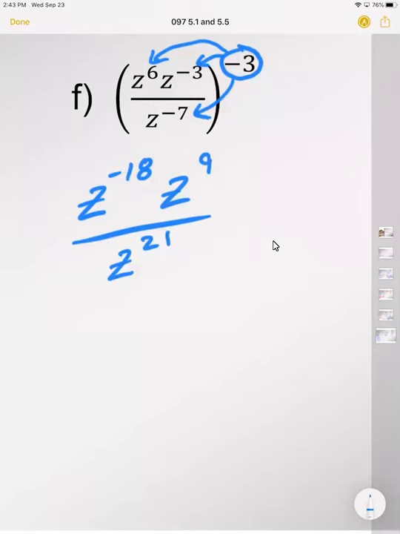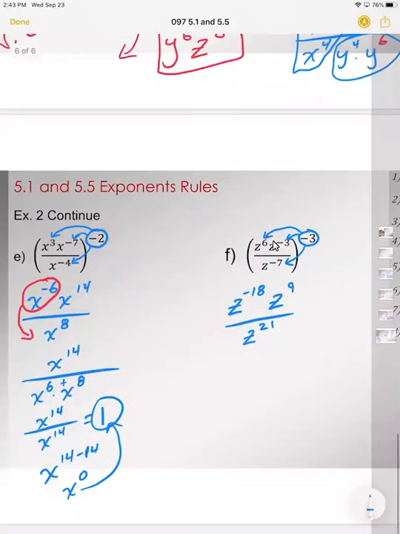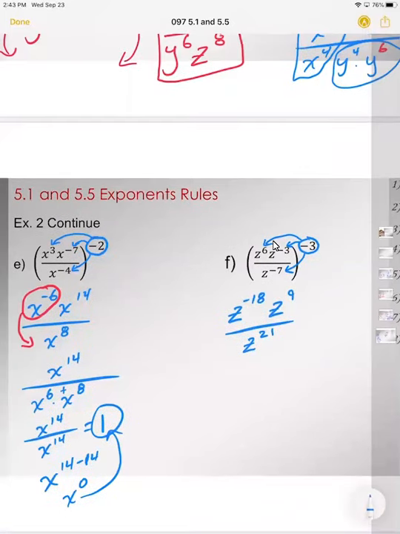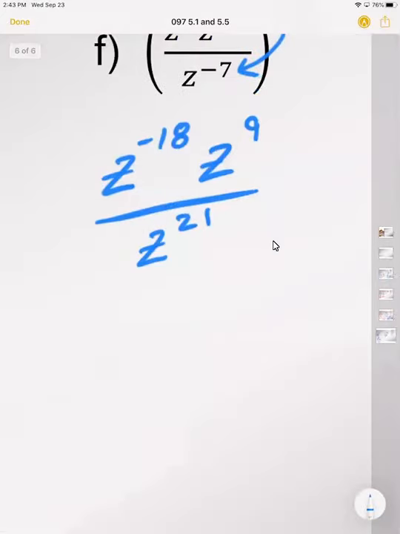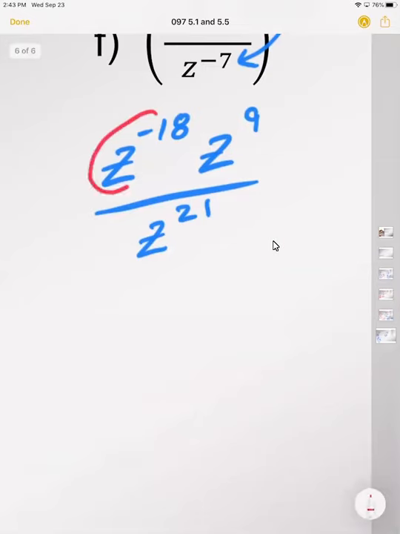And if you look at this item, after you apply one operation or one rule, the problem is just similar to E, right? We have a positive number, we have a negative number. If we have a negative number, what do we do with that negative number? Well, I want to get rid of the negative. I don't want to deal with a negative number.